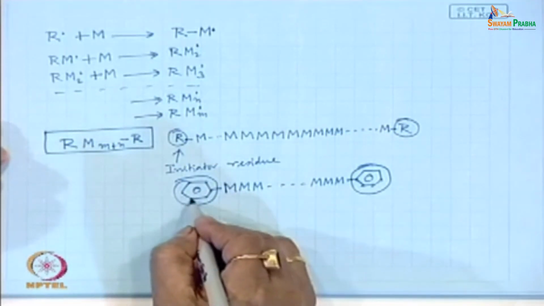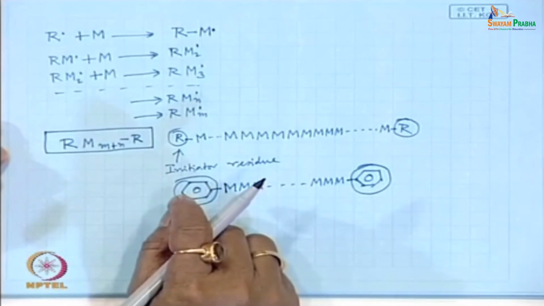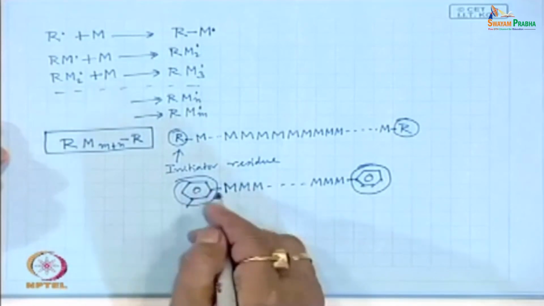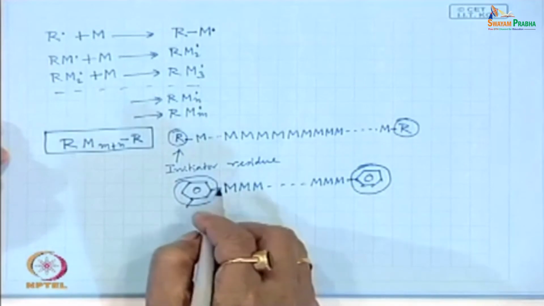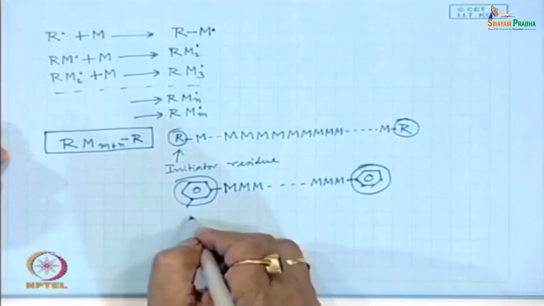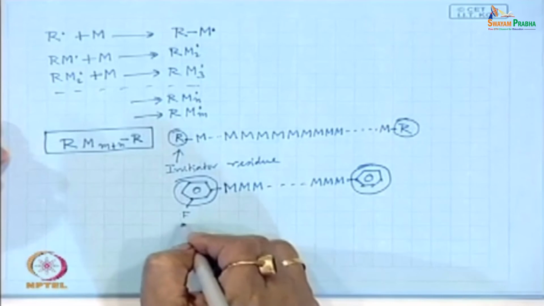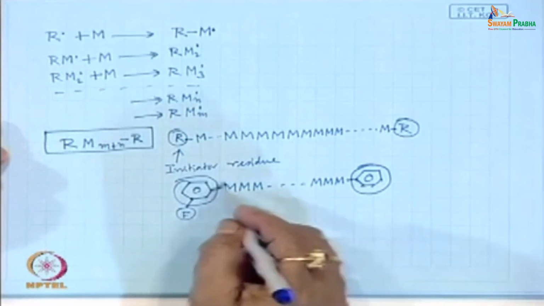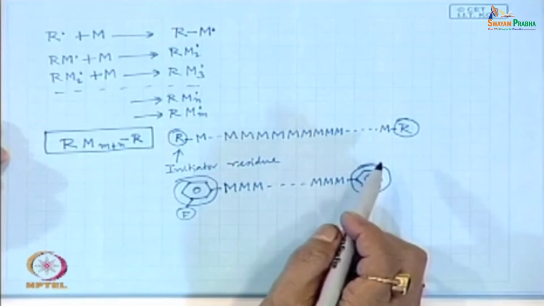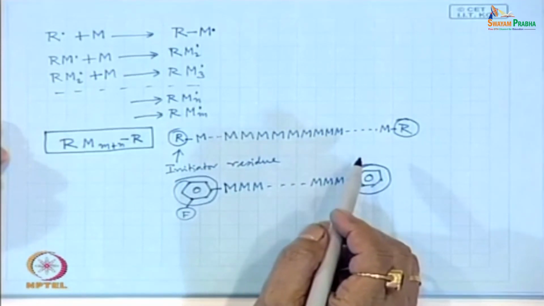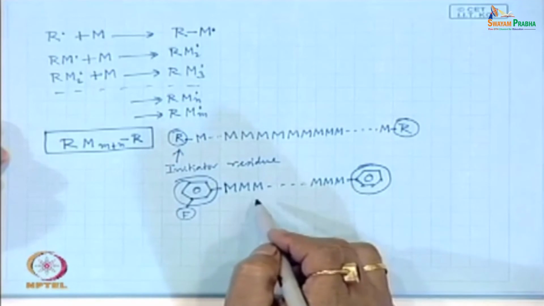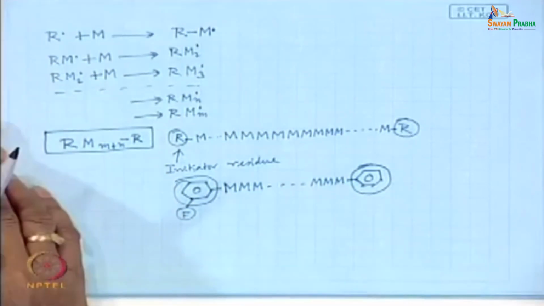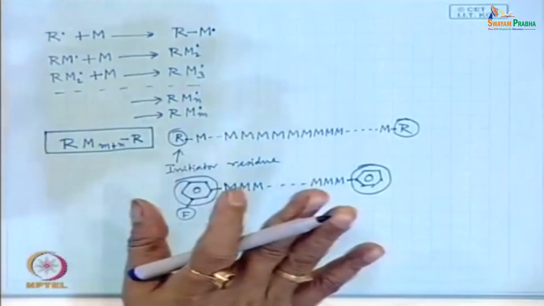If it contains one isotopic level or a functional group, say functional group F suppose, which can be estimated, then that can help you to count the number of polymer chains that have been produced, as well as to calculate the molecular weight of the polymer chain that has been produced.